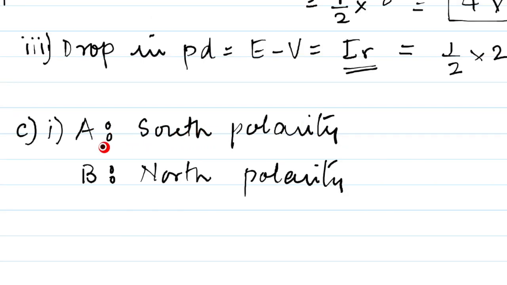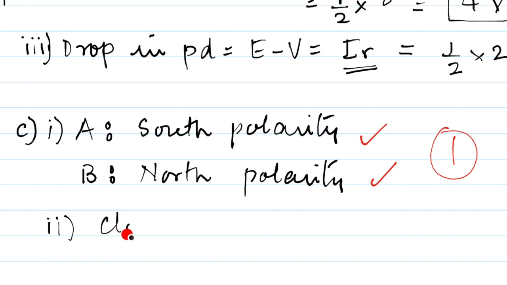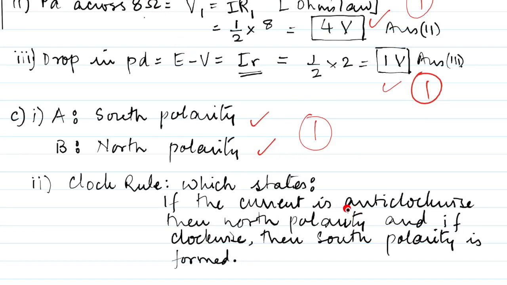So we write the first answer, A south polarity, B north polarity, and that will give us together 1 mark. Name the rule. We will say it will be the clock rule, which states that if the current is anti-clockwise, then it will be north polarity, and if it is clockwise, then south polarity.